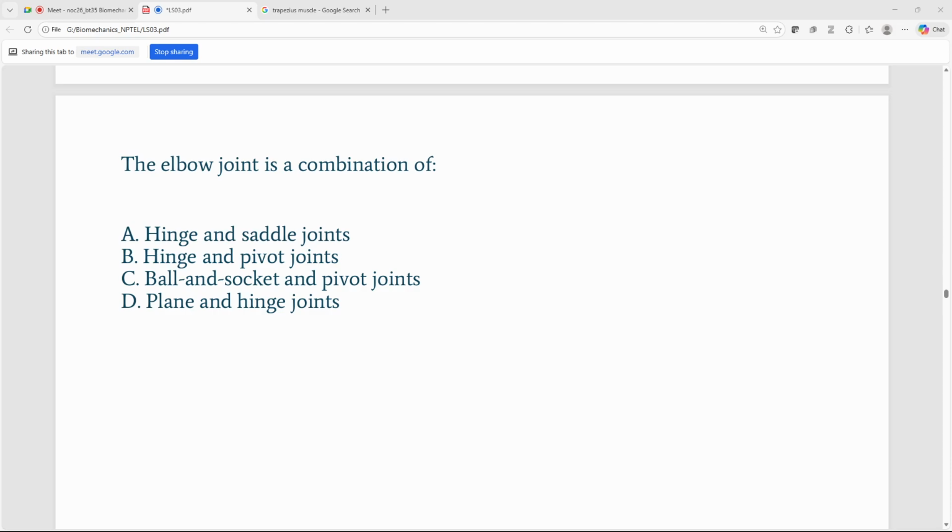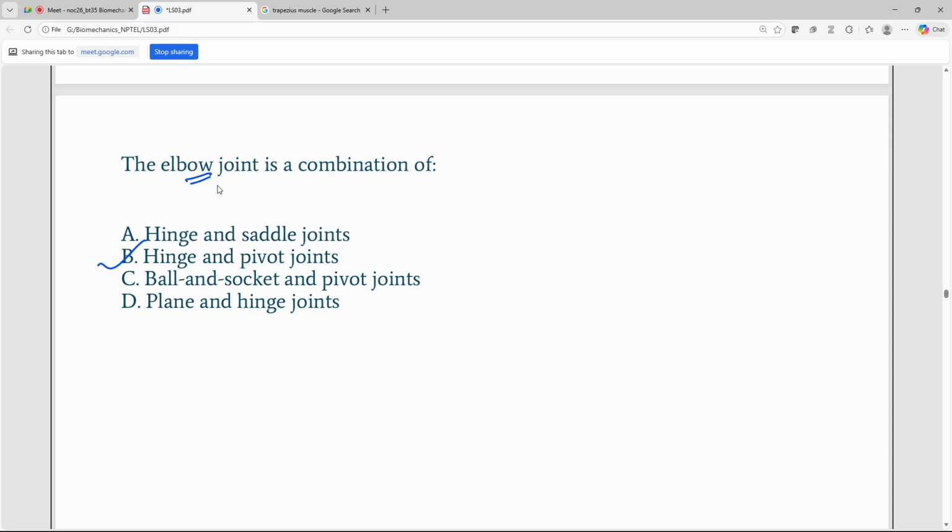Yes, the answer is option B, that is hinge. Everybody knows what an elbow joint is, it's a classic example. So hinge you can easily connect to. From this you can rule out ball and socket.